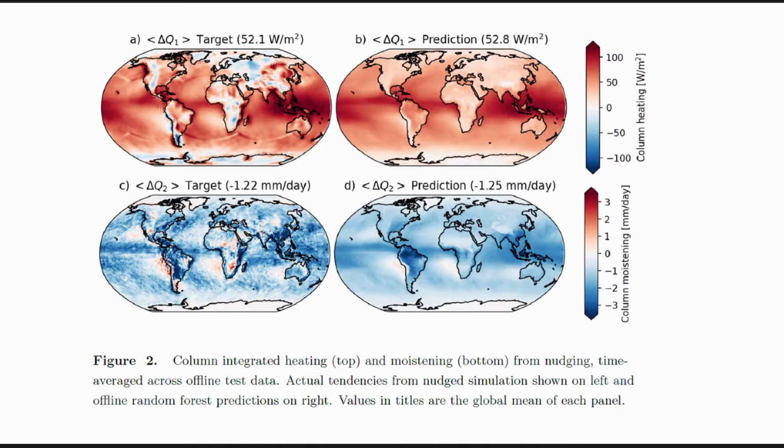On the bottom, we have the same story, but with moisture. This took me a little while to unpack. I'll try to go slow. It's a little counterintuitive in places, but the nudging in C that would have to be applied to the model to get it to look more like observational analysis has a negative moistening.